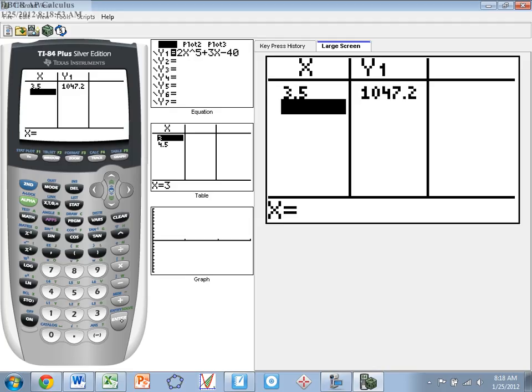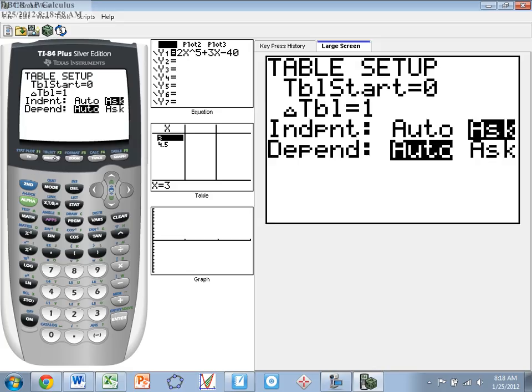Ready? Second, table setting. Table setting is on window. Go down to ask and then auto. It's got to be in this order. You're asking the independent, and it's automatically giving you the dependent variable. The dependent is the y. It's automatically giving you that. So ask, then auto. Then press second, go to your table, under your x.